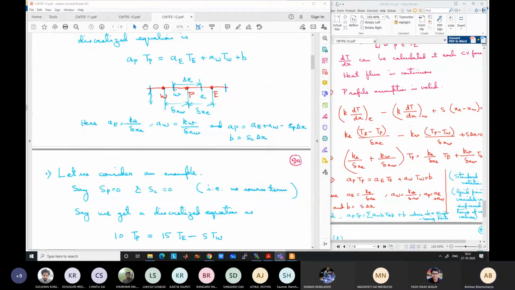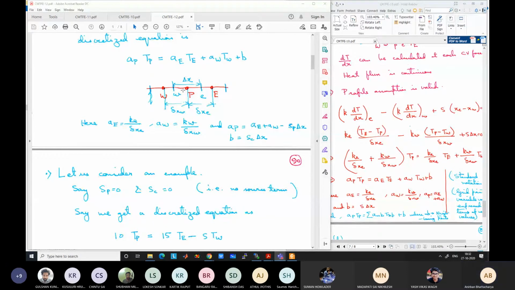To be physically consistent, temperature should be in between W and E, because otherwise it is non-physical, right? I have one end of the rod at 0 degree, another end at 100 degree, and at the center point I am getting 150 degrees centigrade. That cannot occur unless there is some heat source, because both ends are less than 150. There is no driving force for the temperature to go beyond 100 degrees centigrade.